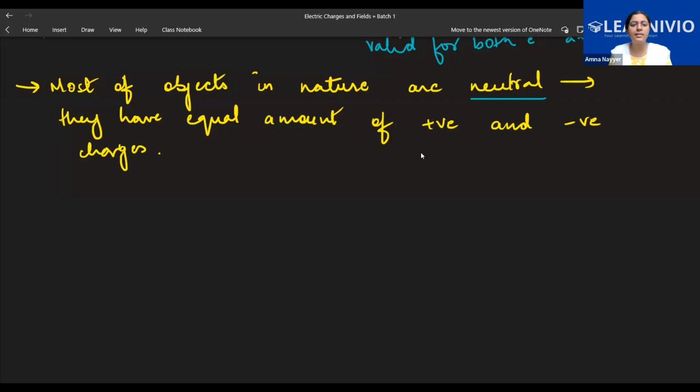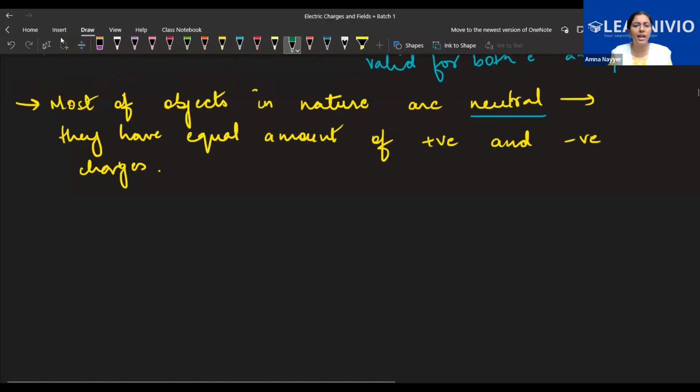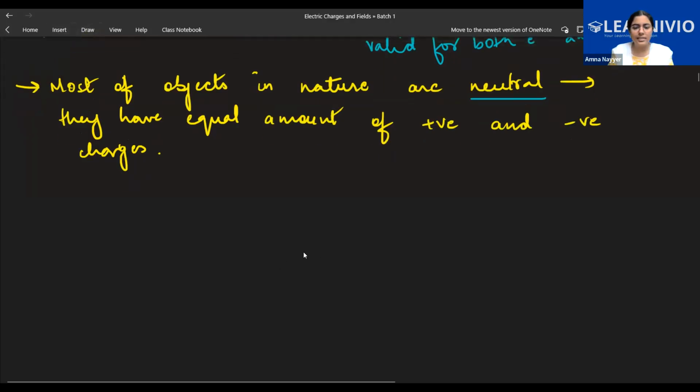To understand the concept of charging, let us have a look at the structure of an atom. In the central part, we have the nucleus where protons and neutrons are tightly held.